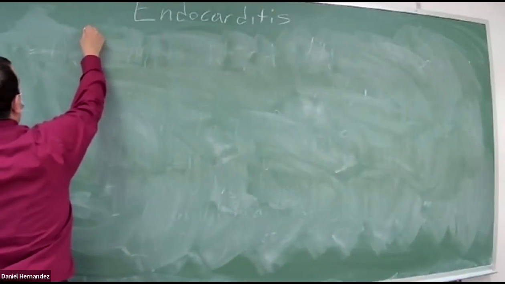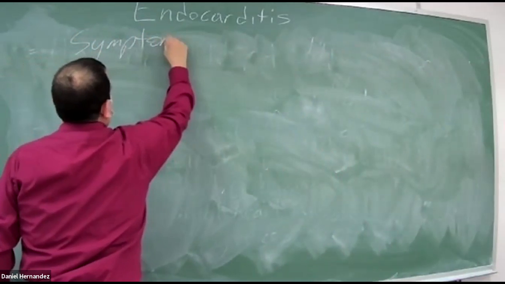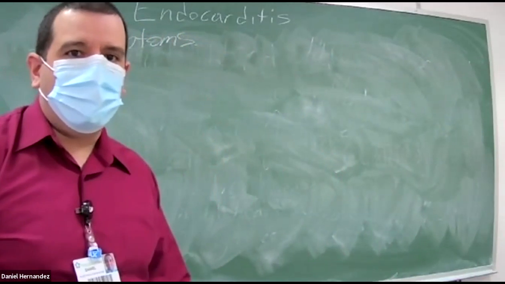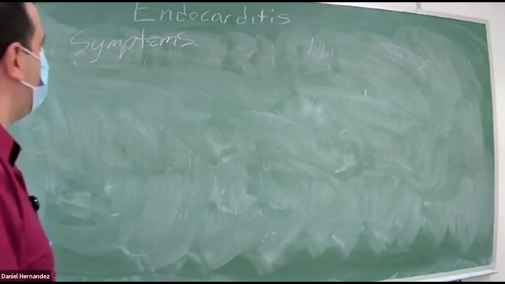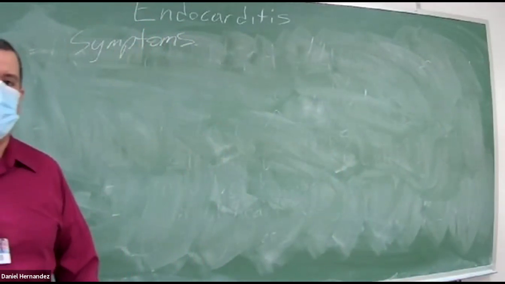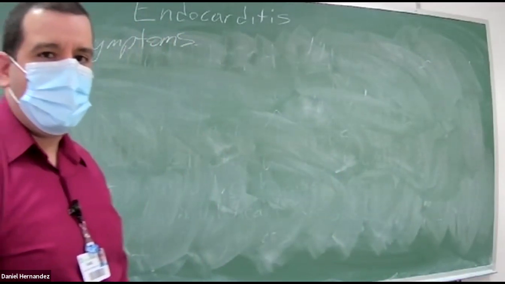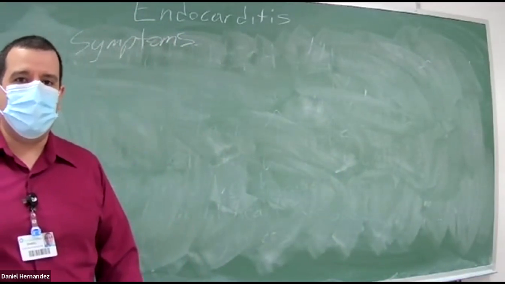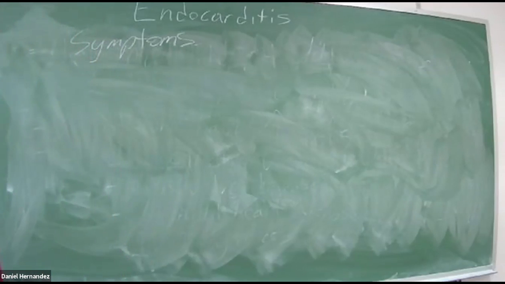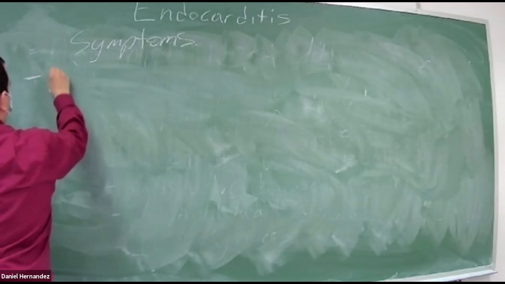All right, so symptoms. Like we were talking before with some of our cardiac masses, we can distinguish cardiac masses from endocarditis based on the patient's symptoms. With endocarditis, these patients are sick. They have an infection in their heart, an infection that's raging that could potentially become fatal. So these patients are going to have symptoms. First symptom is going to be fever.